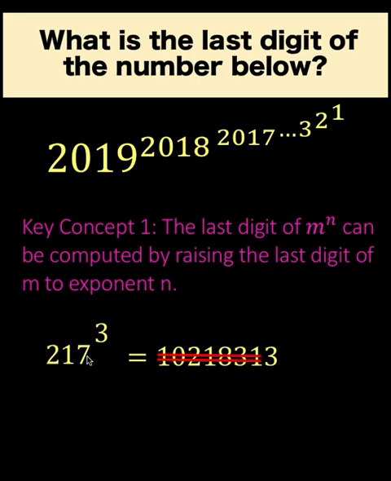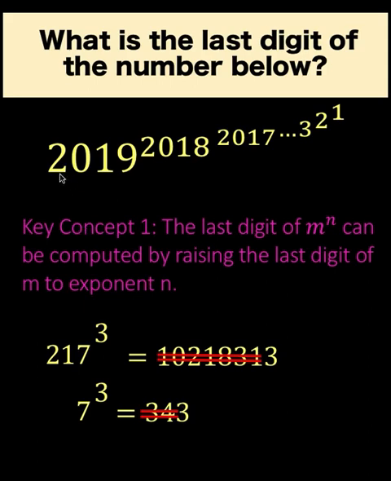Notice that if instead of raising 217 to the third, we just take the last digit 7 and raise it to the same exponent 3, the result is 343. And notice now that their last digits are both equal to 3. That is what we mean by this key concept.